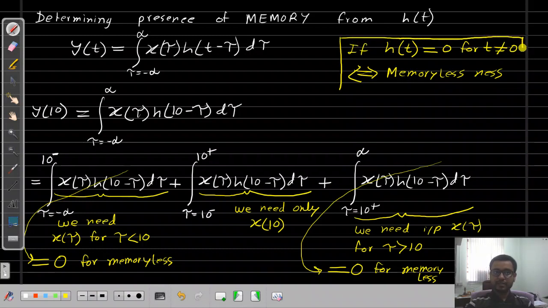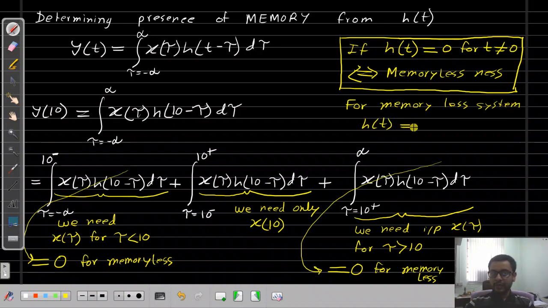That means for a memoryless system, the impulse response h of t will be an impulse function because it is 0 everywhere other than at t equal to 0, but it can also have some constant multiplied, that will not affect the memorylessness.